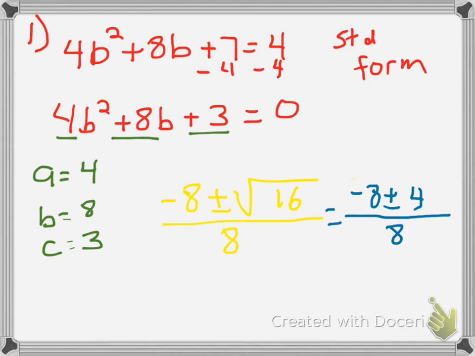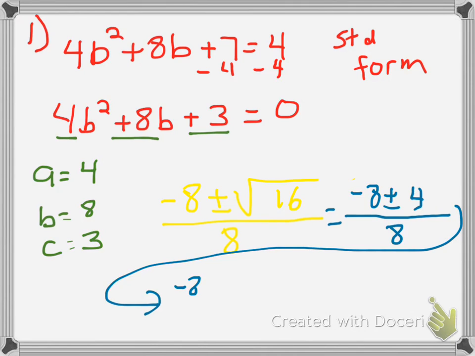Now, this is where we're going to get our answer. Okay? So I'm going to scroll over to here. Negative 8 plus 4 divided by 8 is one of the answers. And negative 8 minus 4 divided by 8 is another one of my answers. And then you just get the fractions or decimals, however you want.